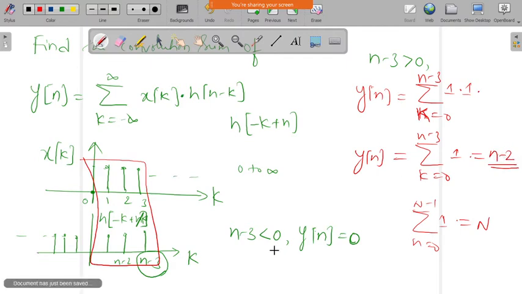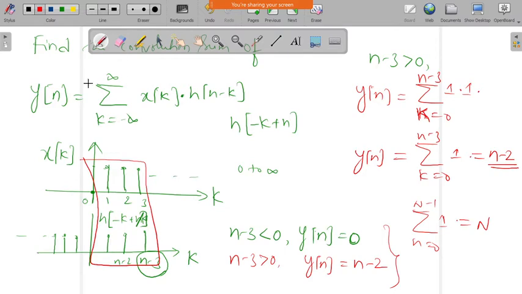This is your convolution sum for this particular problem. Everywhere else it is 0. The convolution sum exists only when n minus 3 is greater than 0, with the value n minus 2, and whenever n minus 3 is less than 0, the convolution sum is 0.